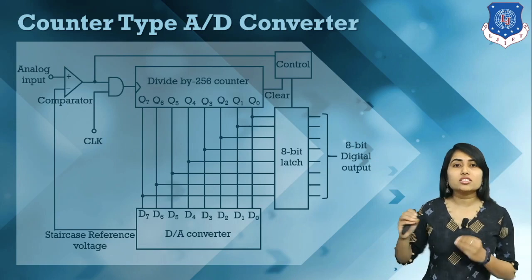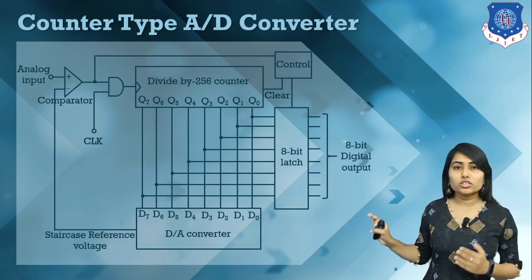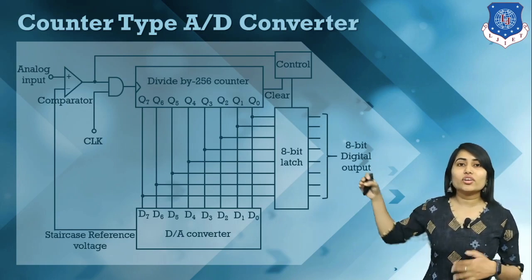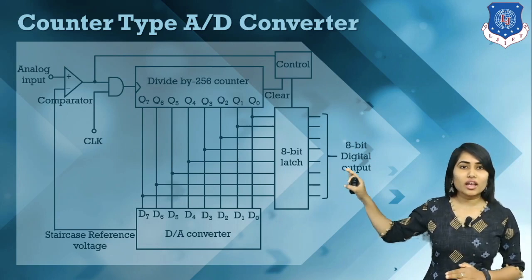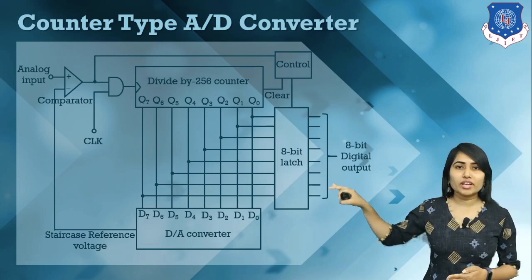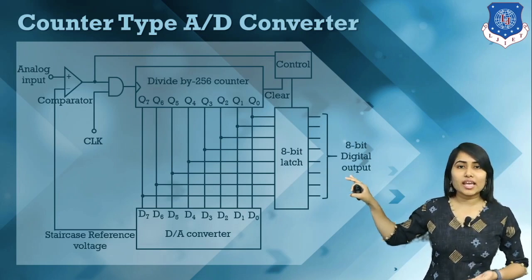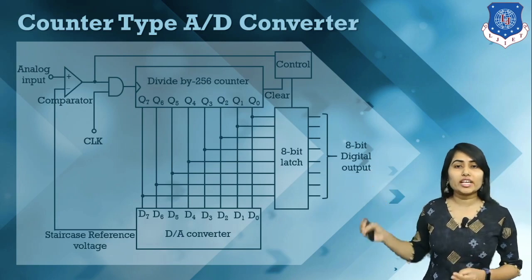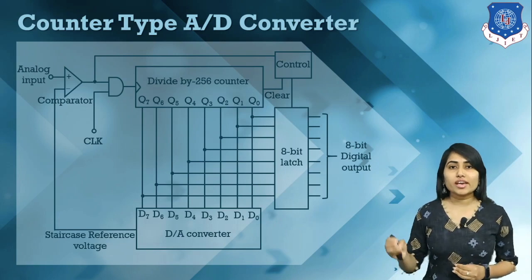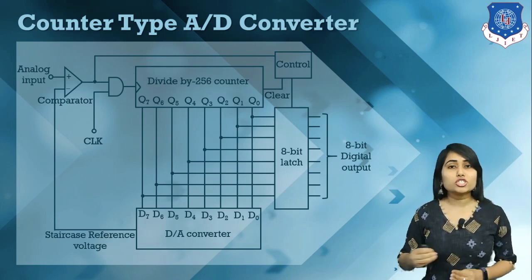But when the digital to analog output value is greater than our input voltage, we have a negative value after comparison. In digital, a negative value is considered as a 0. So 0 AND clock gives a 0, that means the counter has a 0 as a clock, that means no clock signal.